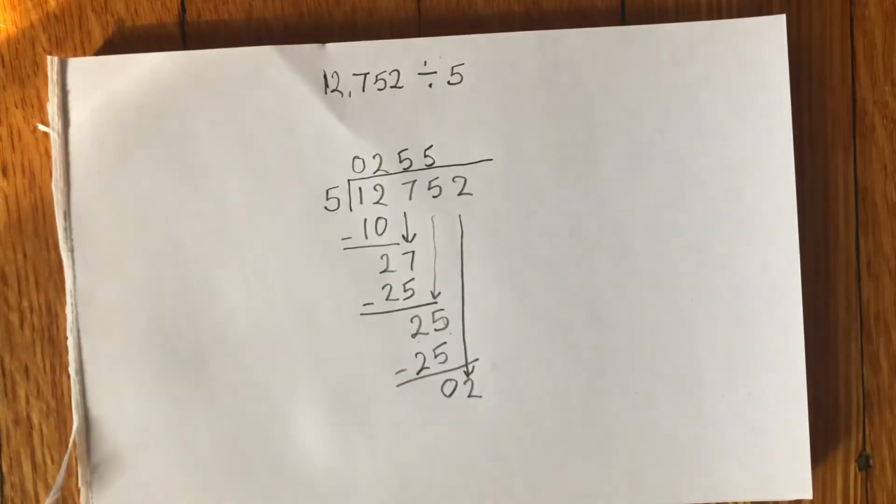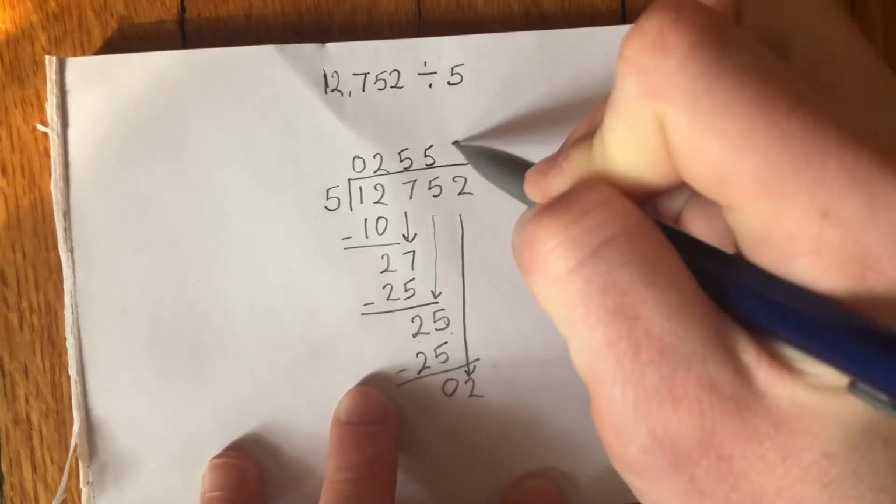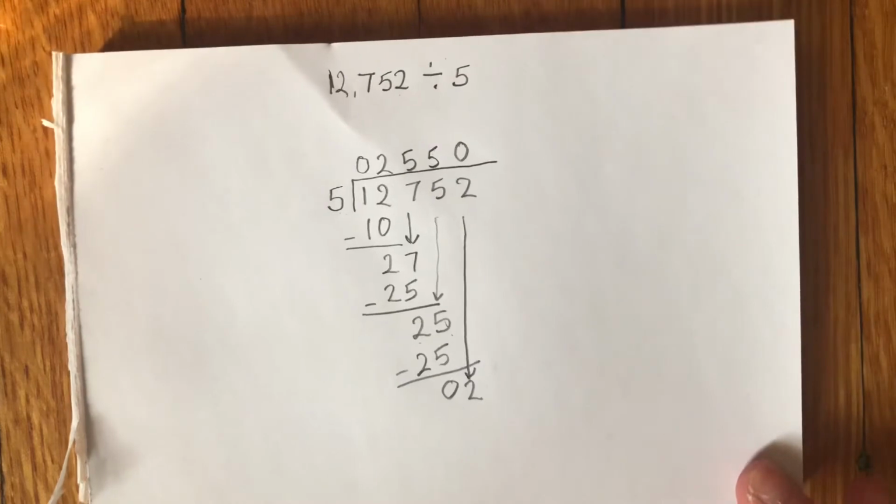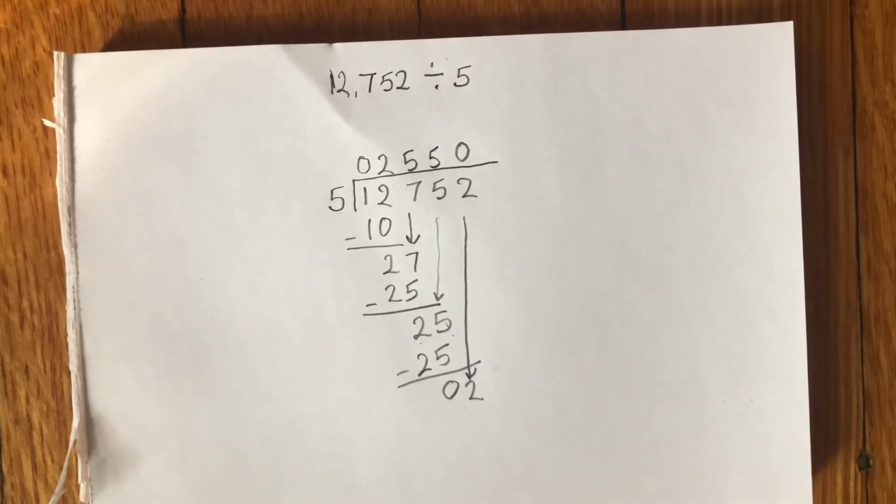So now we're left with the question of how many times does 5 fit into 2? Obviously, we know that that answer is 0. However, we can't just be done right there. Because no, it does not fit into 2 any number of times. However, that 2 is still going to be important to us.